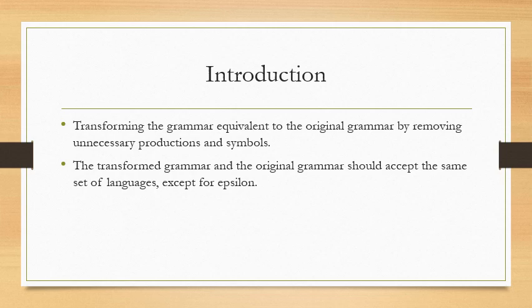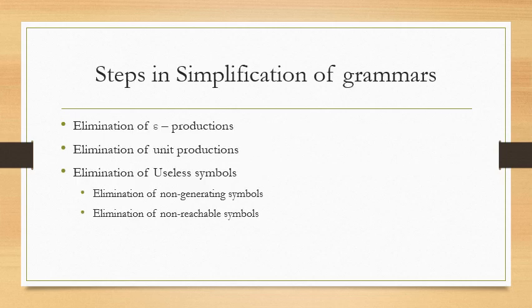There are some steps to be followed, and these steps should be followed in the order they are given. First, you have to do the elimination of epsilon productions, followed by unit productions elimination, followed by useless symbols elimination. If this order is changed, then you might end up with a different grammar which will accept a different set of language other than the original grammar given.